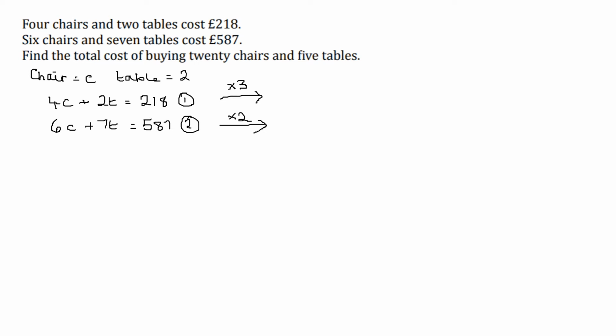So my first equation will give me 12C plus 6T is equal to 654. And for my second equation, I will get 12C add 14T is equal to 1174.